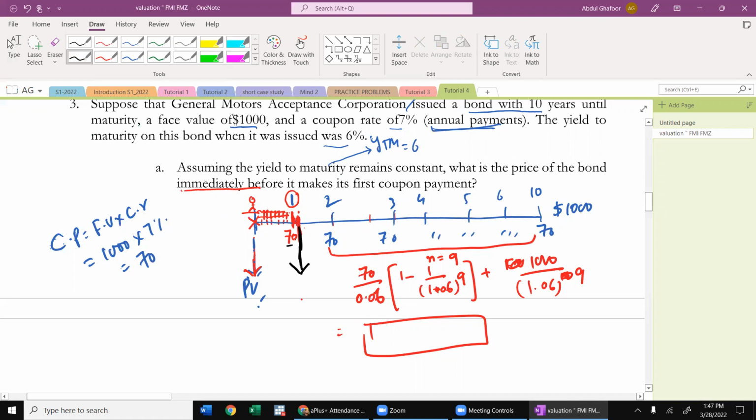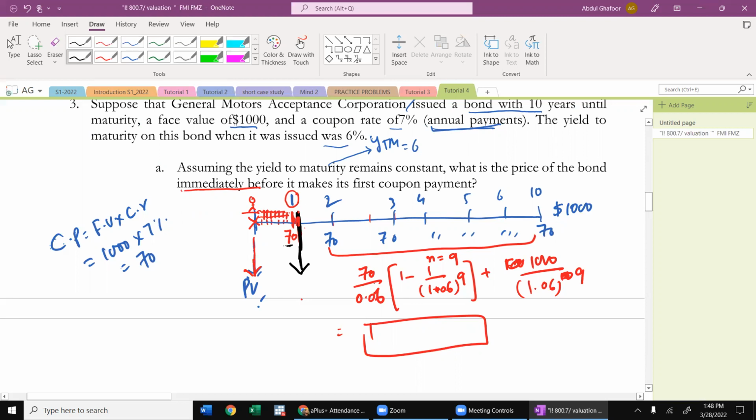Immediately after, you have just received it and now you want to do the valuation. So your position is now here. Maybe on the 1st of January you got this payment, and now it is the 2nd of January.